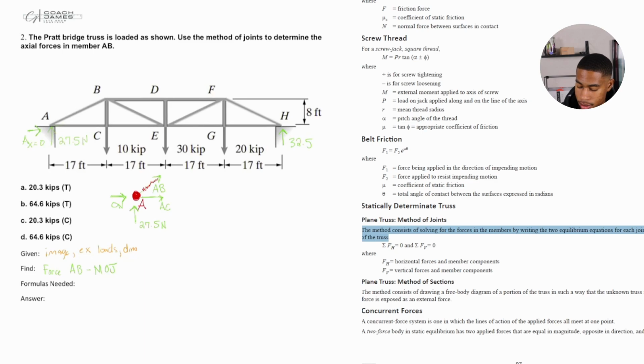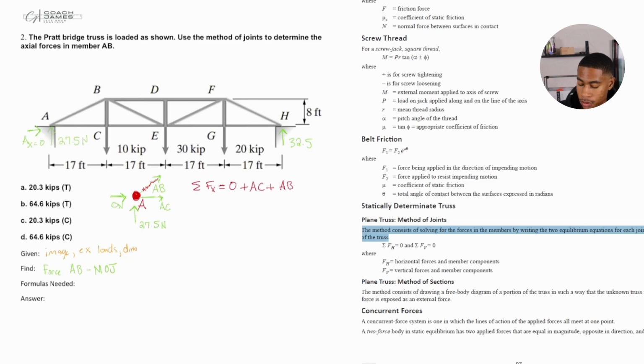Okay, why would I do in the y? Well, if I do the sum of the forces in the x direction, let's just say sum of the forces in the x, I got to deal with this 0 newtons here, right? I got 0 newtons. Then I got to deal with AC, which I have no clue what that variable is. Then I have to deal with plus AB, which I don't know what it is.